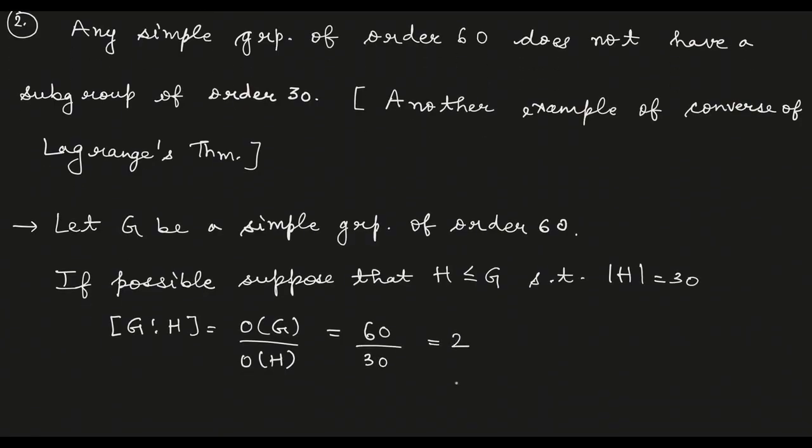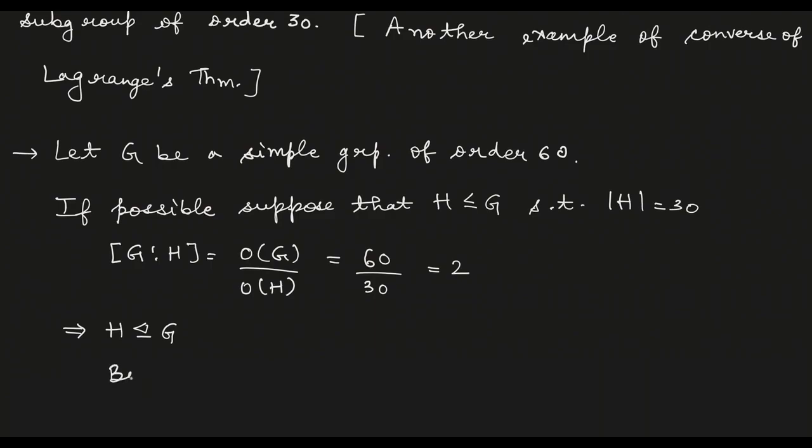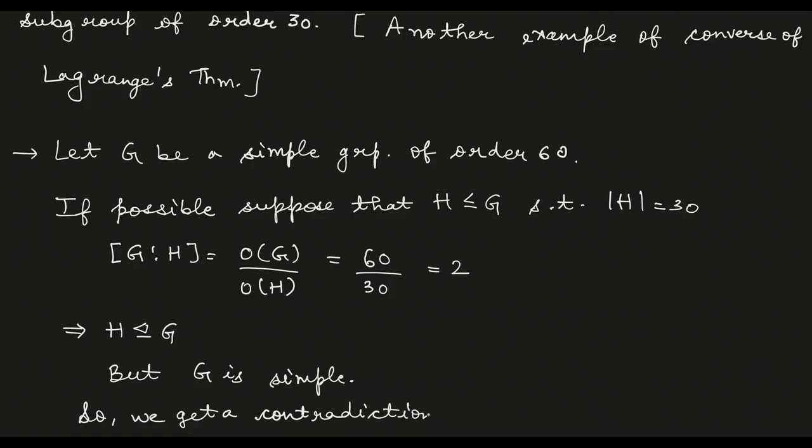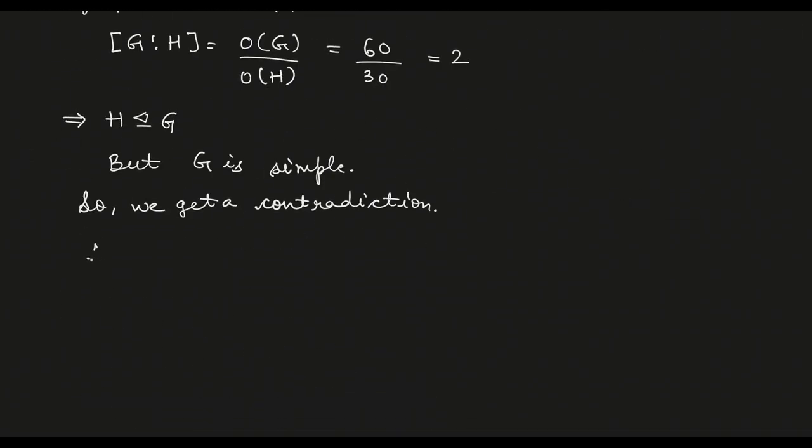Whenever the index is 2, H is a normal subgroup of G. But we are given that G is simple, so it cannot have any normal subgroup. So we get a contradiction. Therefore, our supposition is wrong. Hence proved.